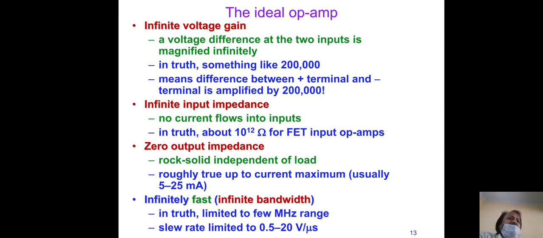Now the ideal operational amplifier. What are some ideal characteristics of the operational amplifier? The first is infinite voltage gain.